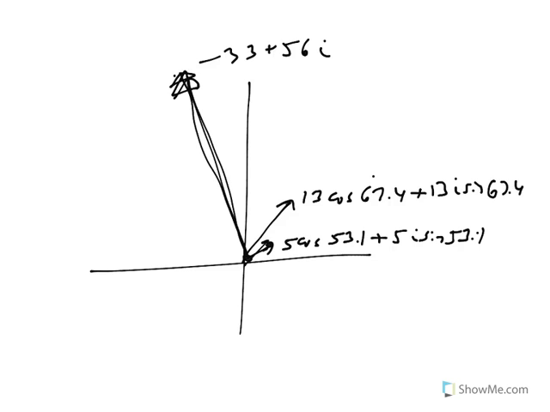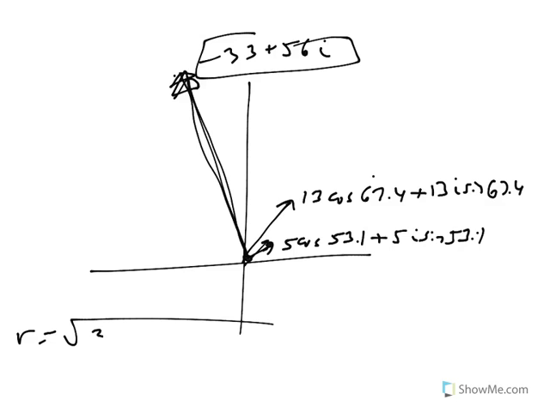Now, if I take the answer and I try to turn that into polar form, the r value would be the square root of 33 squared plus 56 squared. We don't need to use the negative 33 because it's going to get squared anyway. And it would end up becoming 65.